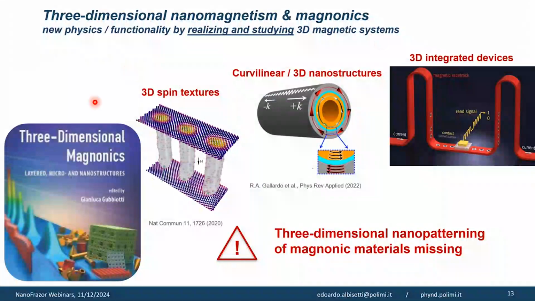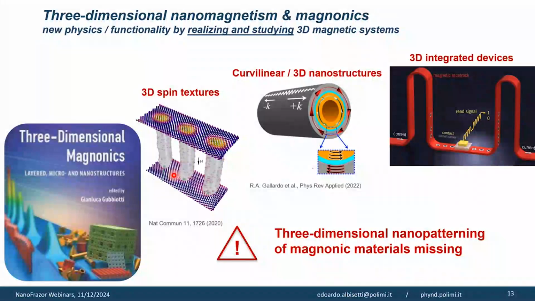Some examples here, for example, three-dimensional magnonics that encompasses a wide range of applications, ranging from different types of materials to different ways of studying the spin waves through the volume of materials. Another big example these days in the field is 3D spin textures. So spin textures, so magnetization orientations that are non-uniform through the thickness, through the volume of the film.